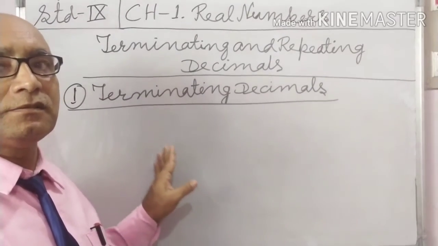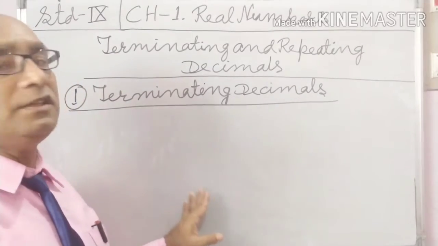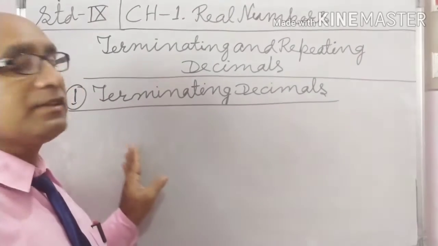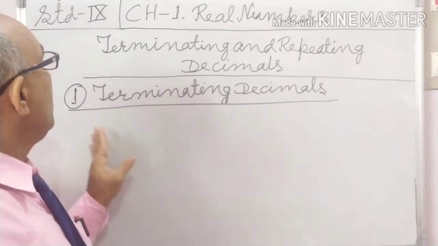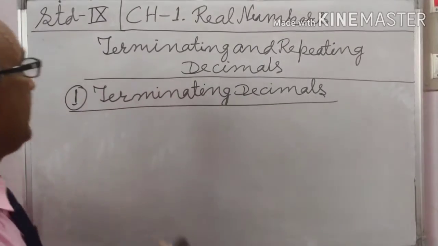A fraction whose decimal expression terminates is called a terminating decimal.